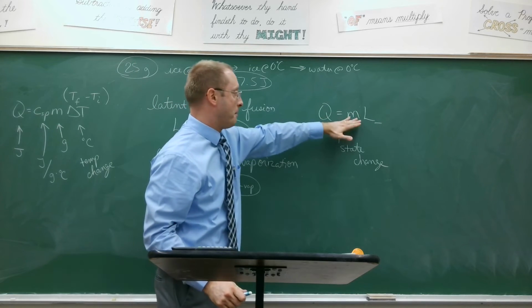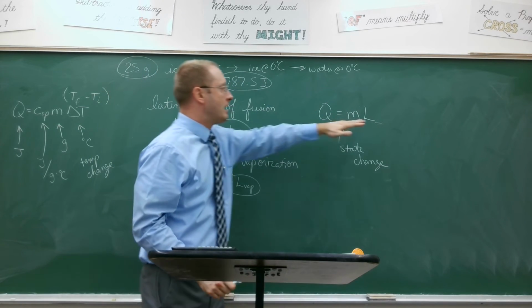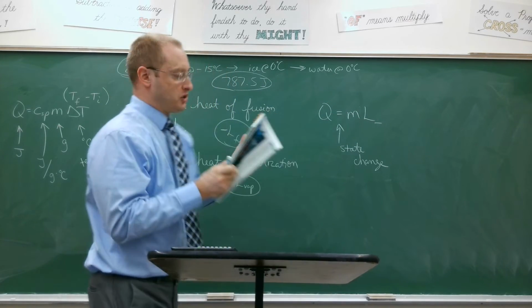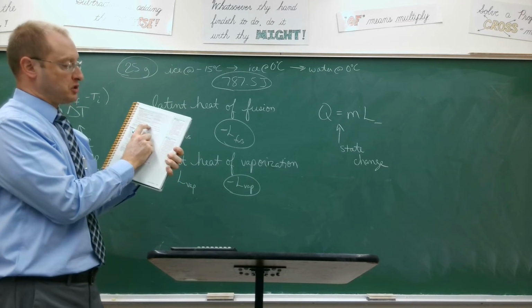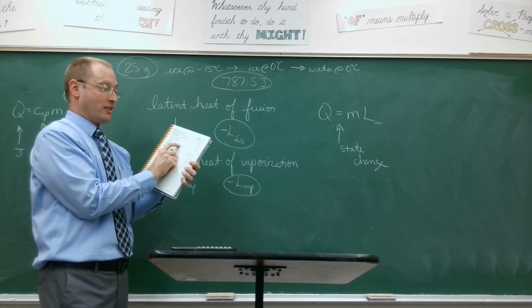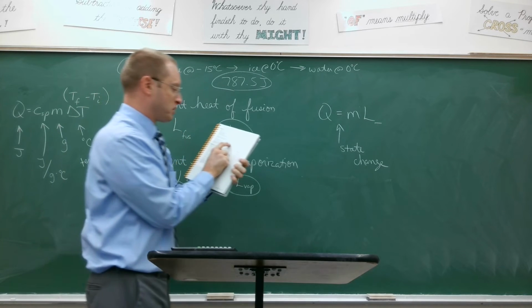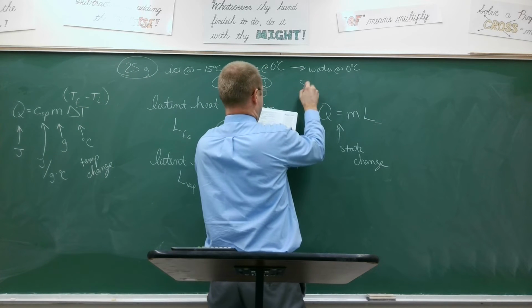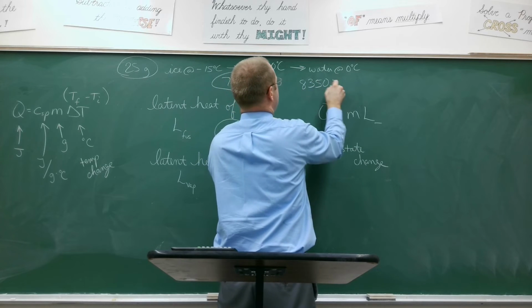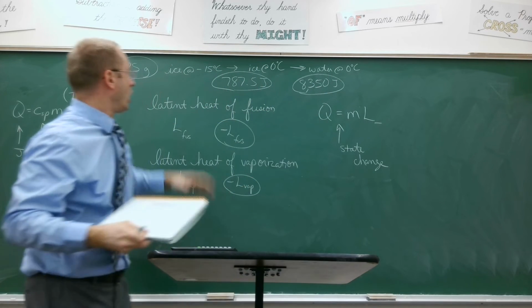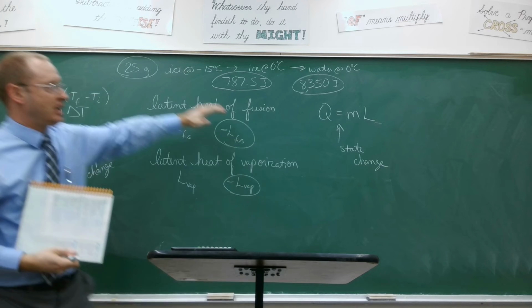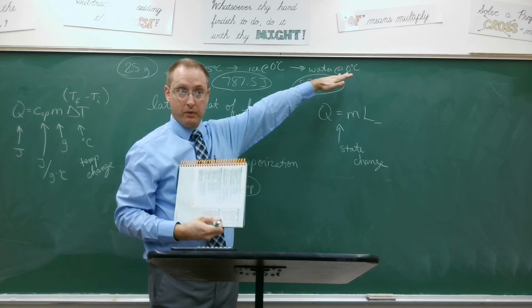That's where we take the mass, which is the 25 grams, times the latent heat of fusion. You see that as the second line here. They have Q sub fus, mass times delta H fusion, 25 grams times 334 joules per gram. That gets us to 8,350 joules. Now, our negative 15 degree ice has turned into 0 degree water.